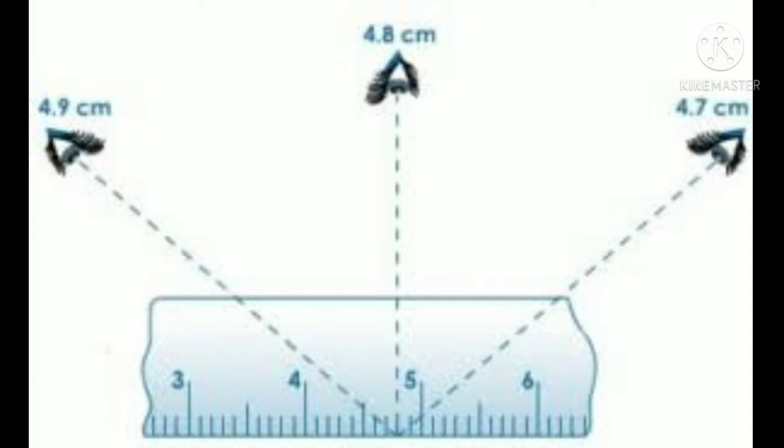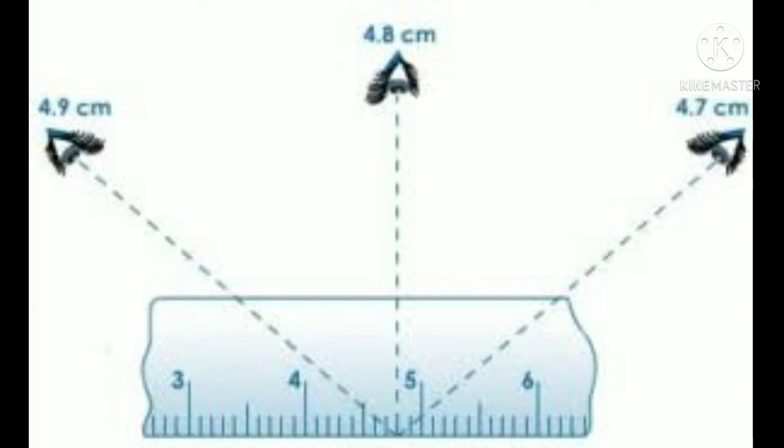From the right side you can see 4.7 centimeters shown. From above we can see 4.8, and again from the left it shows 4.9. So obviously it is not going to happen that way. We have to keep our eye in the exact position, directly above the measurement, and then give the reading.